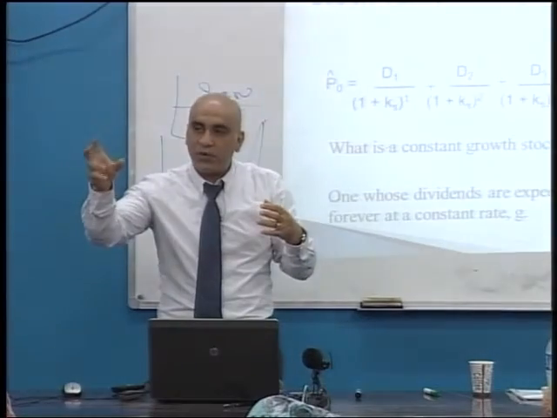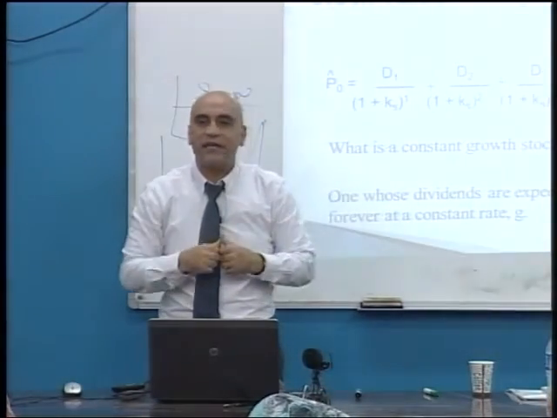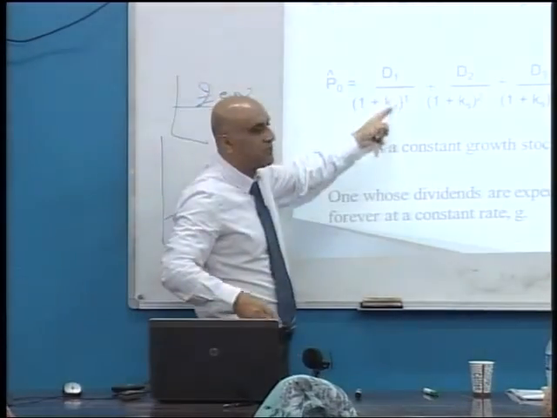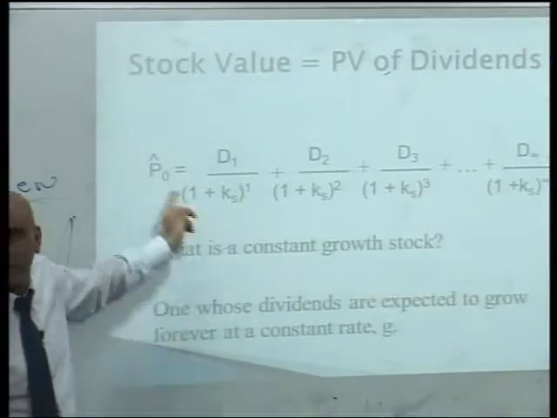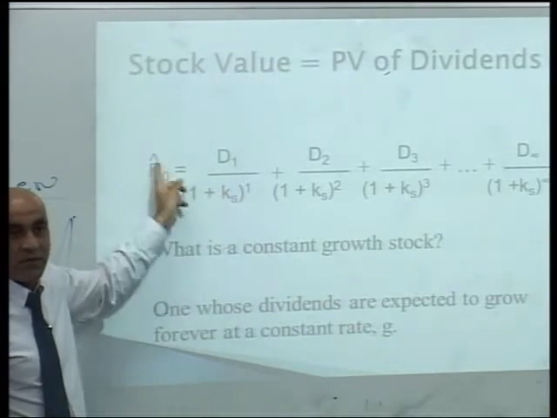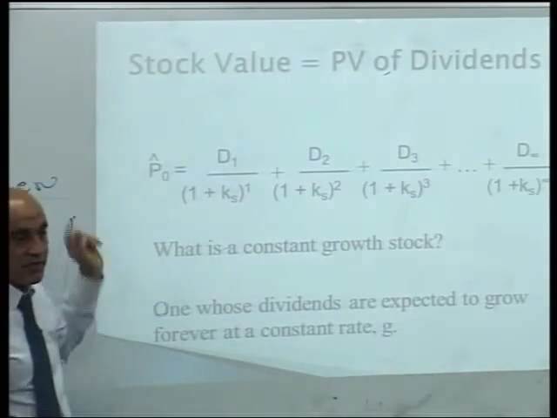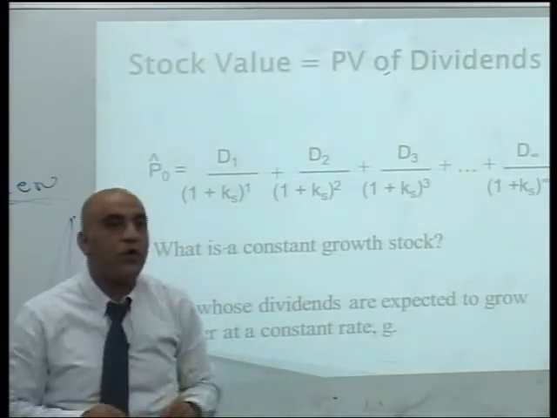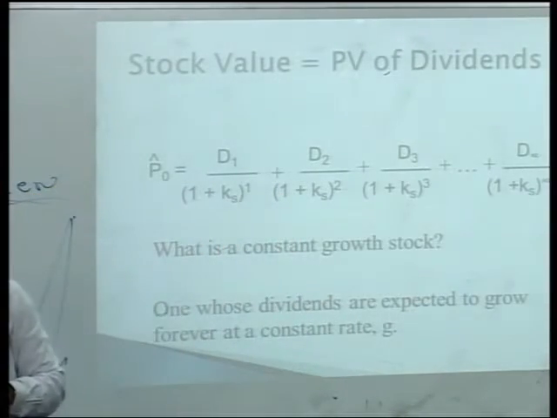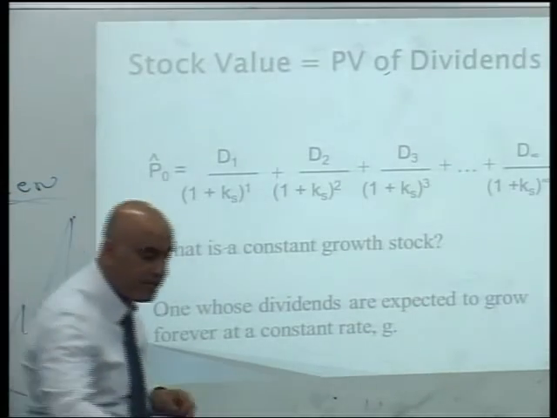And the price is a negative function of the required rate of return. Look, this is opposite relative to the price. It means if this increases, the price decreases. But if this increases, the price will increase. Try to formulate these things in your mind, please. Read it carefully. Okay?